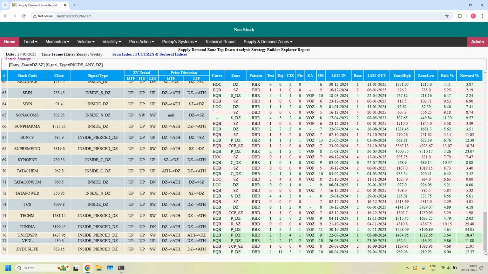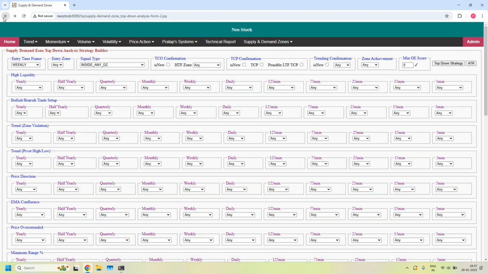So total 78 stocks. Out of these 78, we can further filter by setting the high probability parameter weekly EMA confluence for the weekly zones.